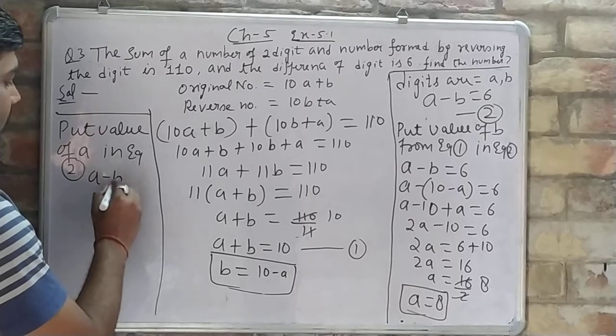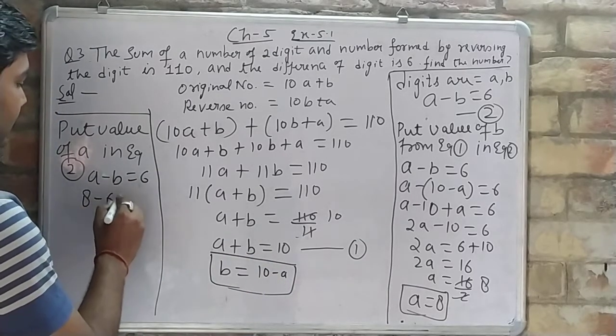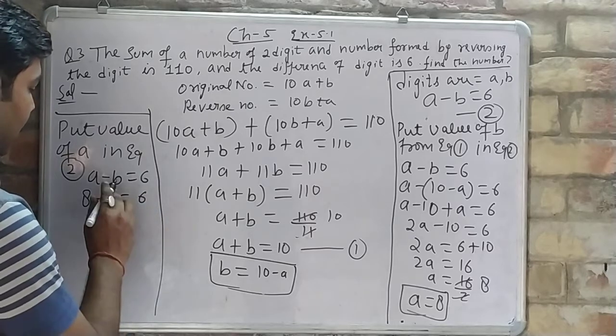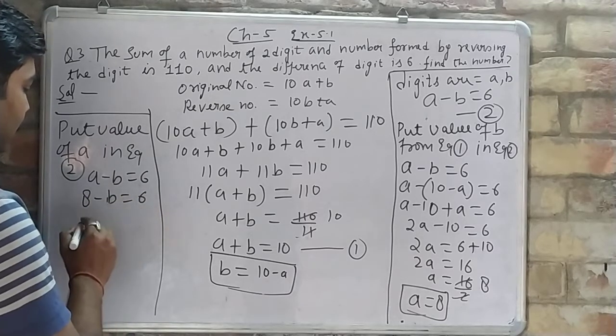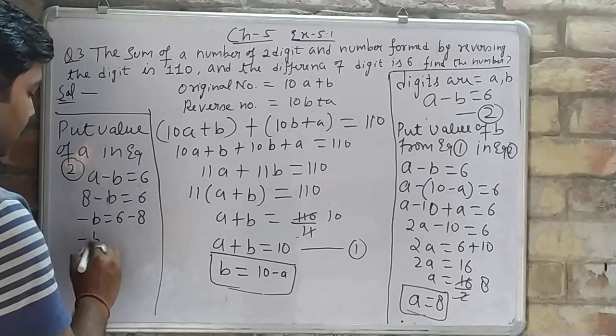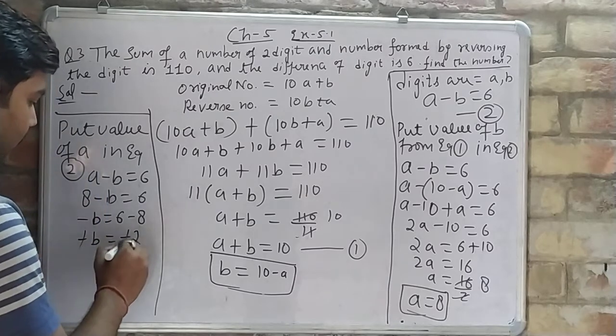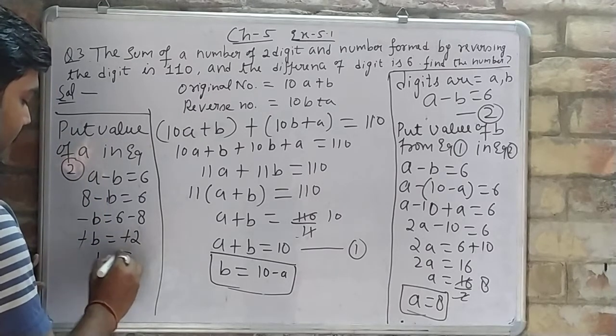So A minus B equals 6. The value of A is 8, so 8 minus B equals 6. So minus B equals 6 minus 8, which is minus 2. Minus and minus cancel out, so the value of B is 2.